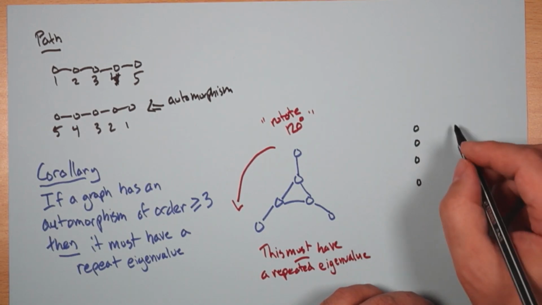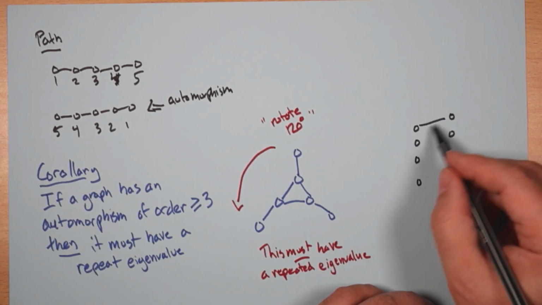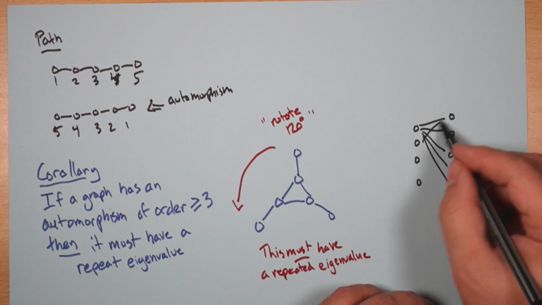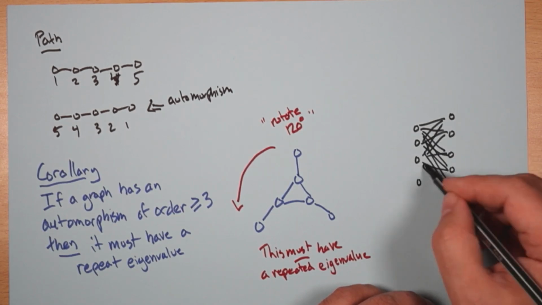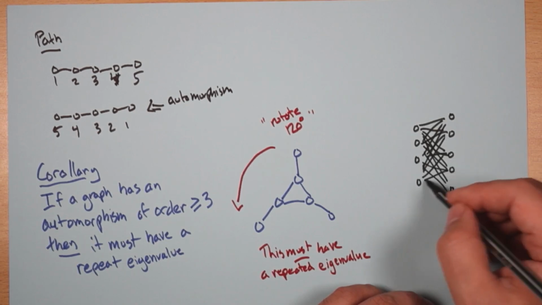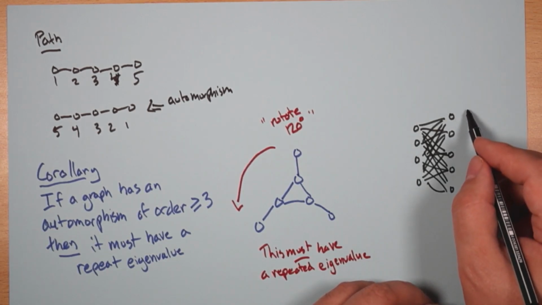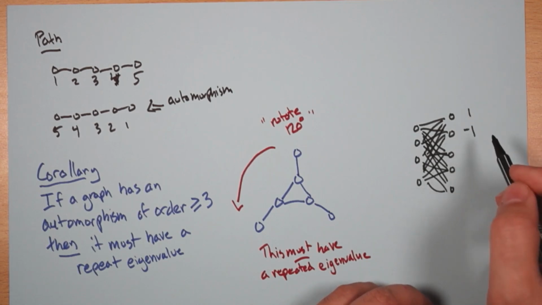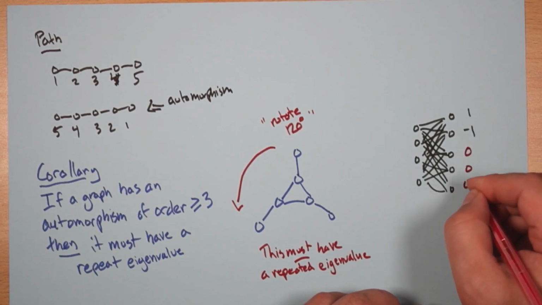You might remember that we talked about complete bipartite graphs. You have your two sides, and you put all possible edges in between. Normally we just draw a squiggle. There we go. And you say, okay, here's a 1 and a -1, and everything else is 0.